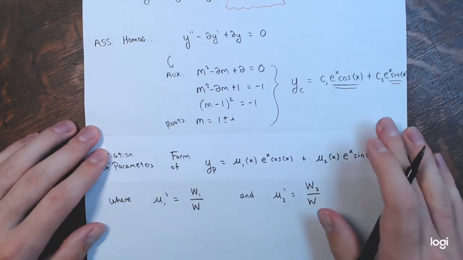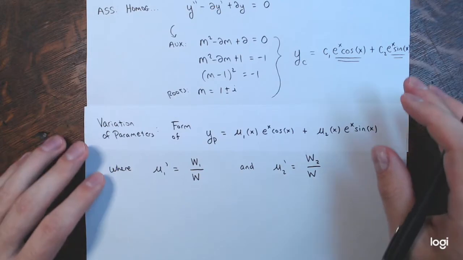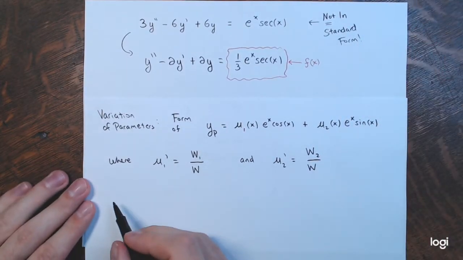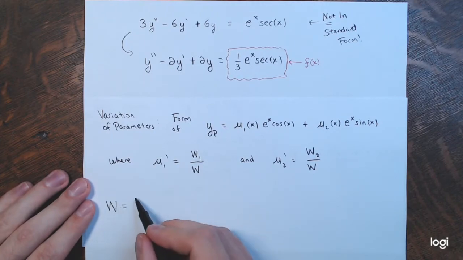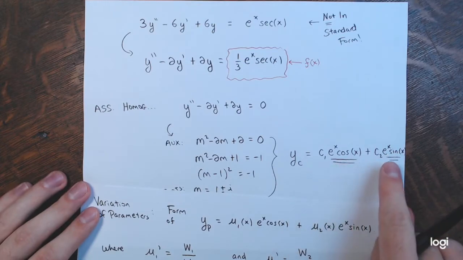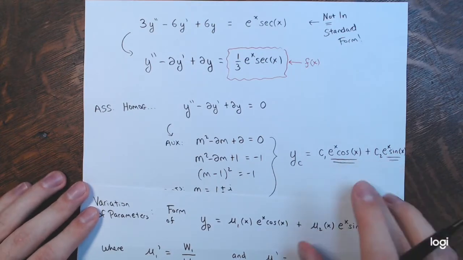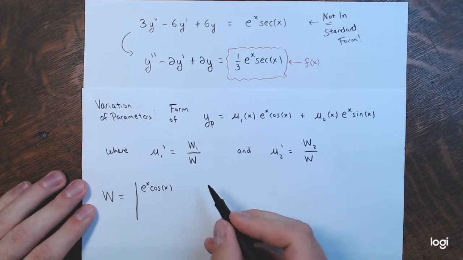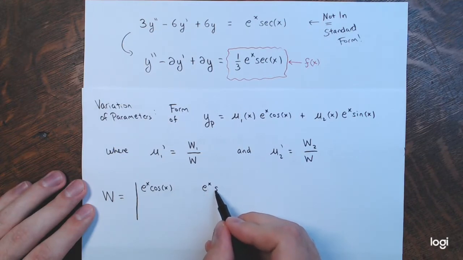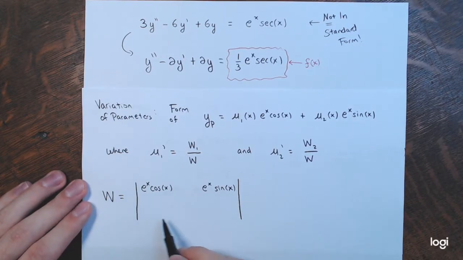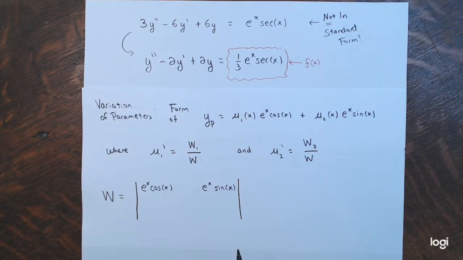And again, I'll state what w1, w2, and w all are. So w is the Wronskian. It's a determinant, the Wronskian of these two functions from the complementary function, e to the x cosine x and e to the x sine x. So I have e to the x cosine x, e to the x sine x in the first row, and then the second row has their derivatives.